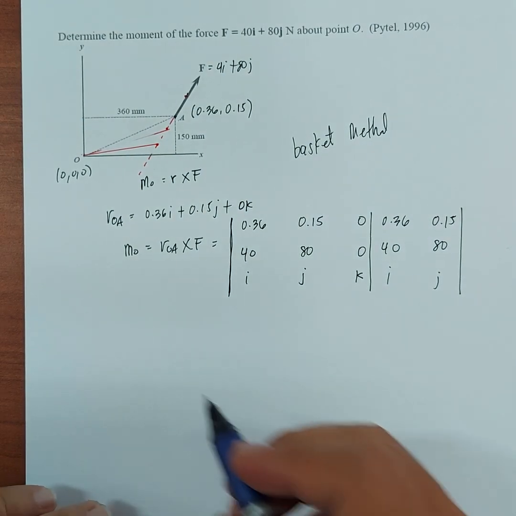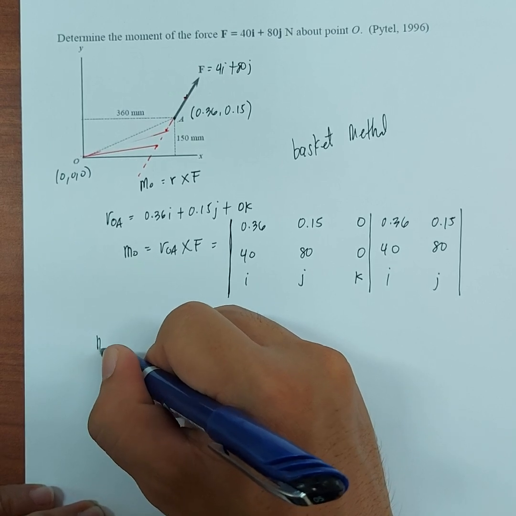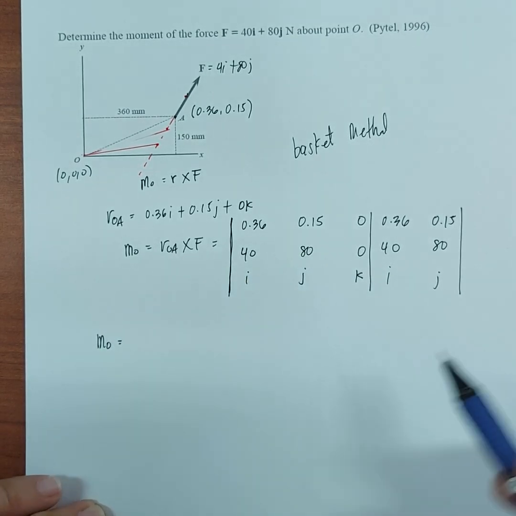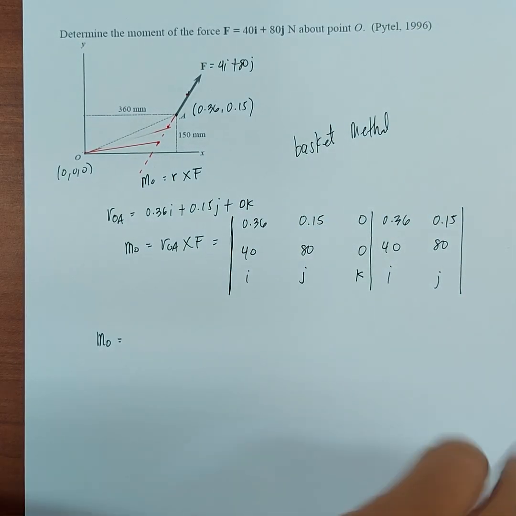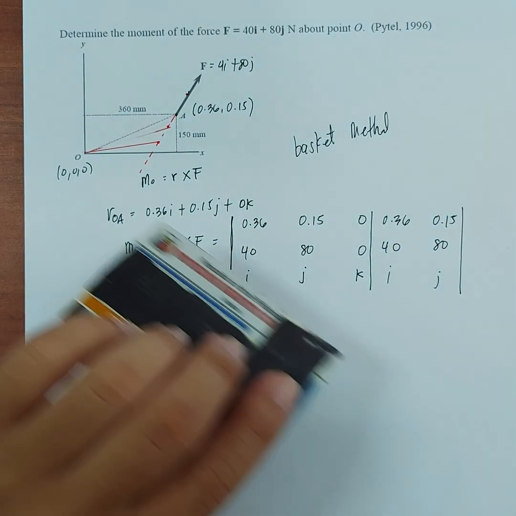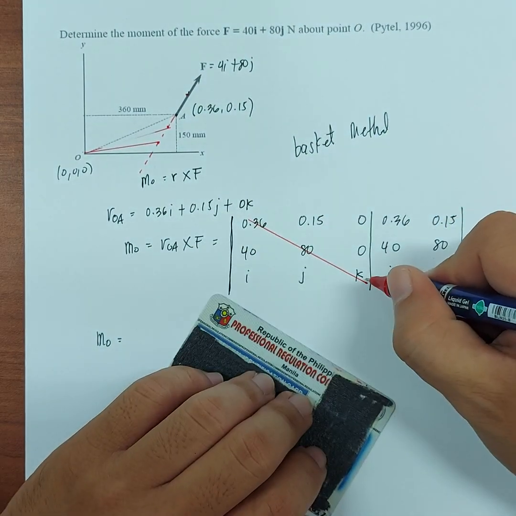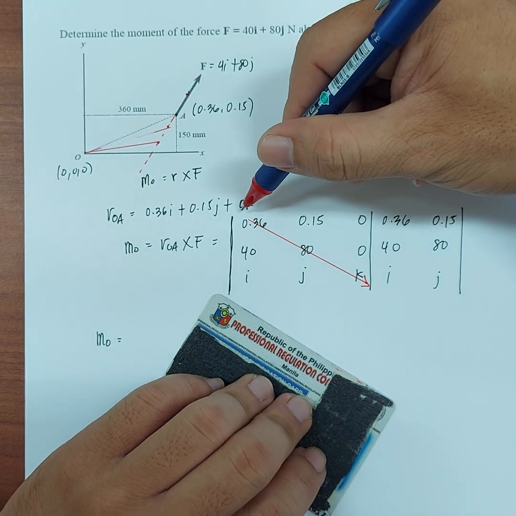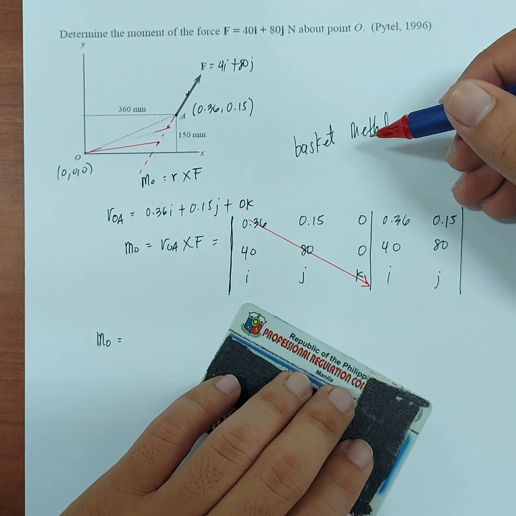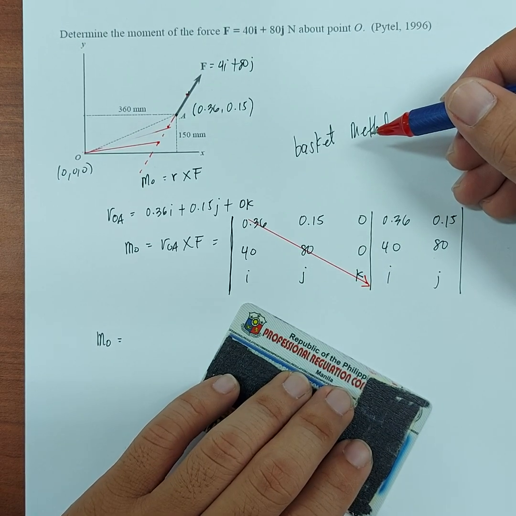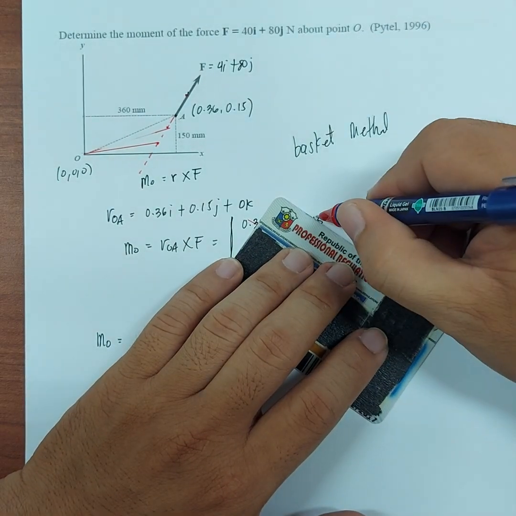So MO is equal to their determinant, the cross product. Because it's the basket method, we draw diagonal lines, like this, and the same here. Okay, diagonal.